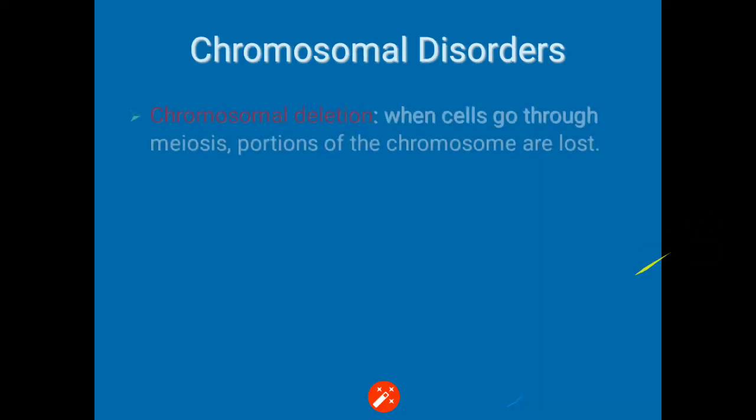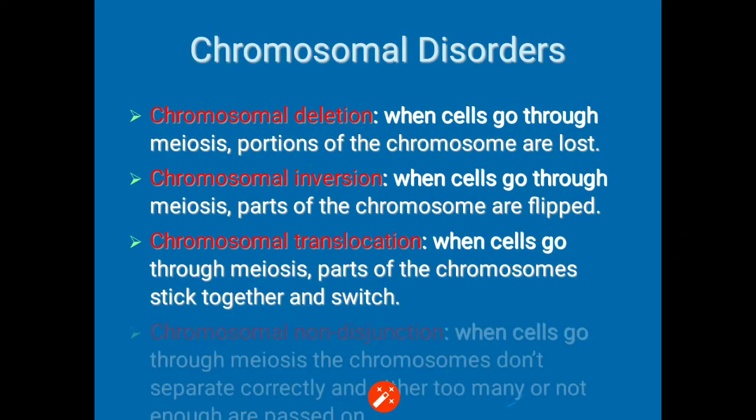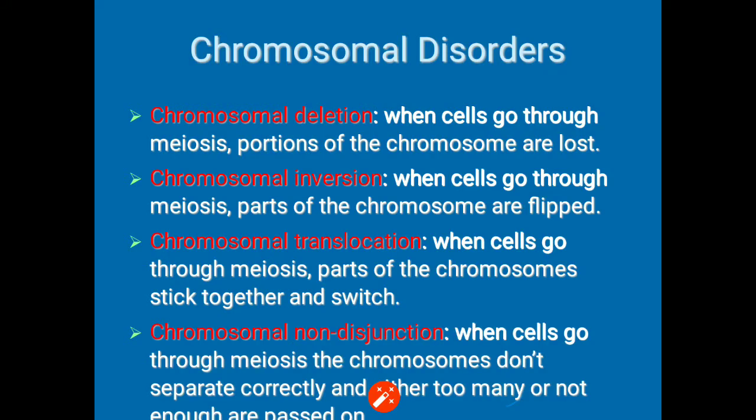Now the chromosomal disorders. The chromosomal disorders are due to many reasons, and some are the chromosomal deletion. When cells go through meiosis, portions of the chromosome are lost. Chromosomal inversion: when cells go through meiosis, part of the chromosome is flipped.